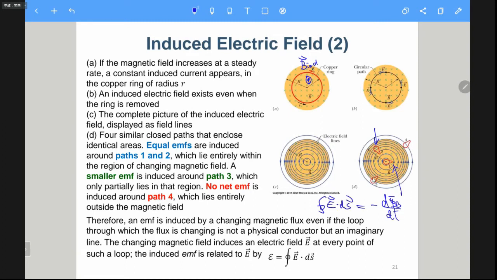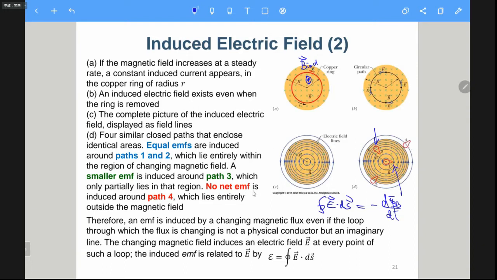For path 3, part of the loop is out of this region, so the d phi B dt is smaller in this case. So it says a smaller EMF is induced around path 3, which only partially lies in the region. And for path 4, there is no magnetic flux going through it, so there's no magnetic flux changing.